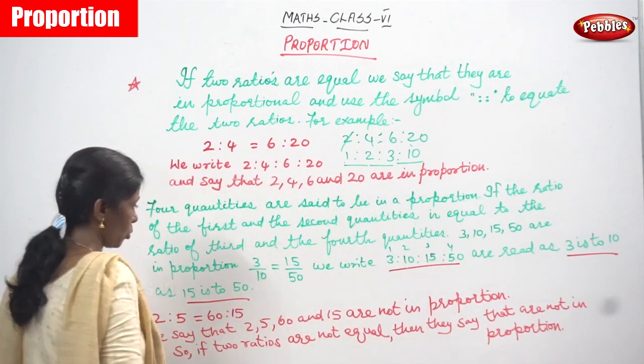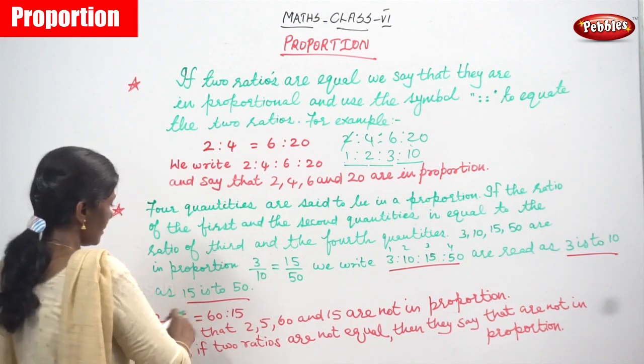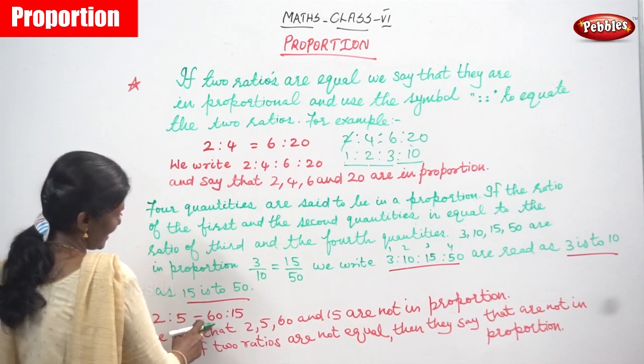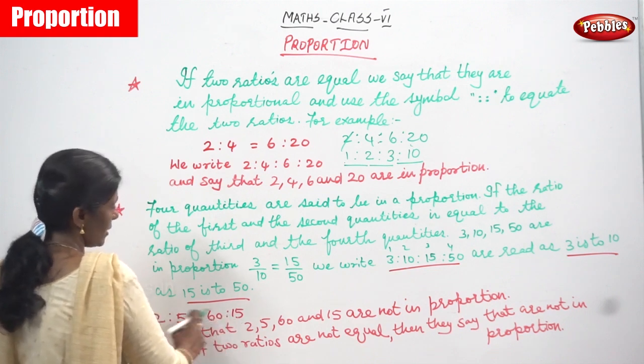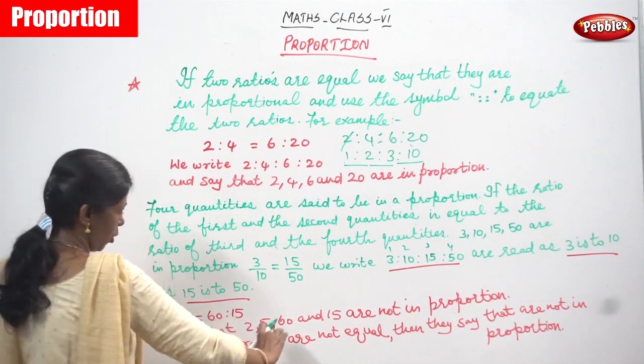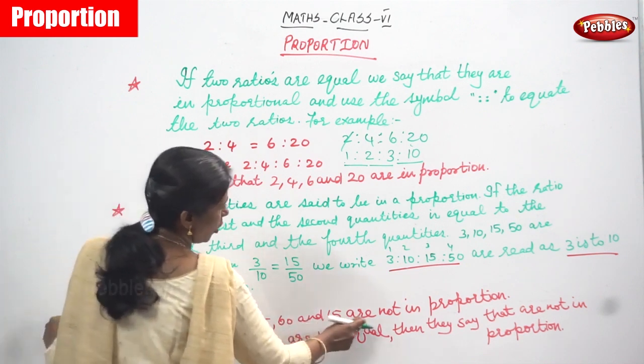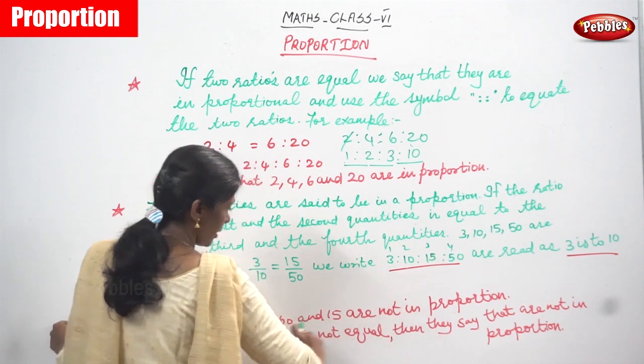But here there is a vast difference: 2 is to 5 and 60 is to 15 is not in a proper order. So we say that 2, 5, 60 and 15 are not in proportion.